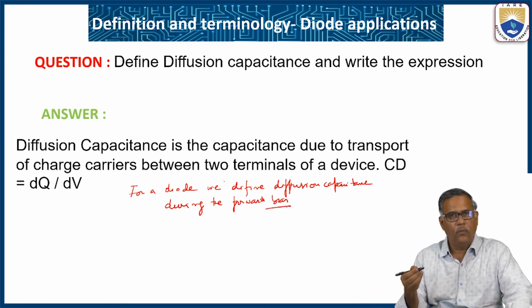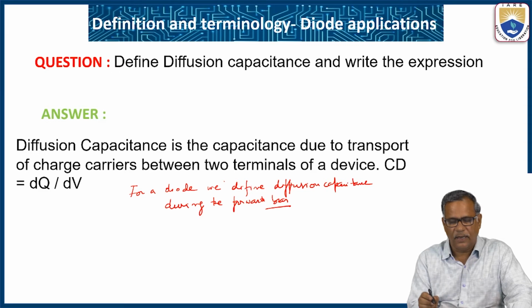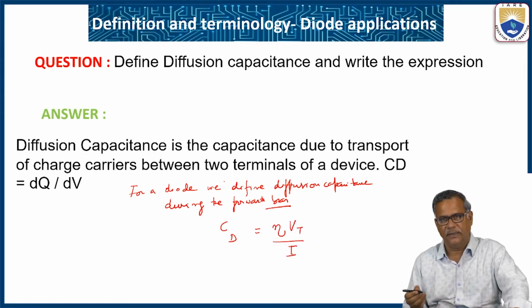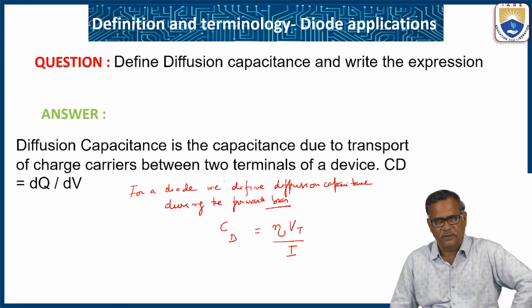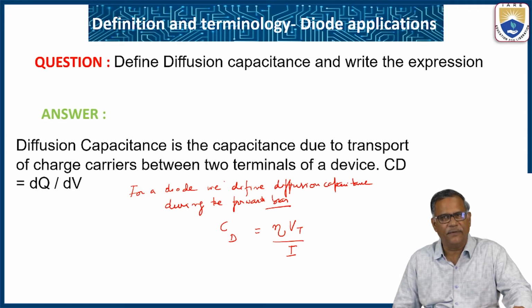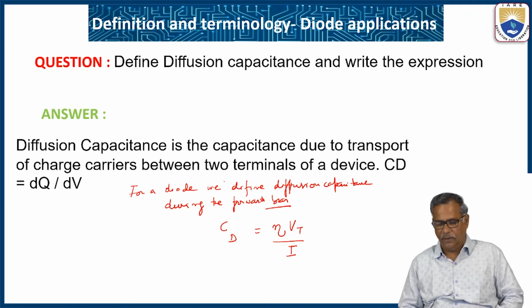And we have derived that the diffusion capacitance CD is given by eta Vt by I. I is the current and eta is a constant, eta is equal to 1 for germanium and eta is equal to 2 for silicon, and Vt is the voltage equivalent of temperature. So CD is the diffusion capacitance. So for a diode, we define diffusion capacitance during the forward bias, and CD is given by eta Vt by I.